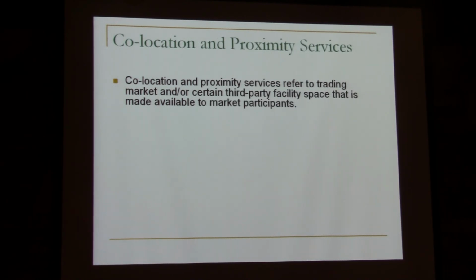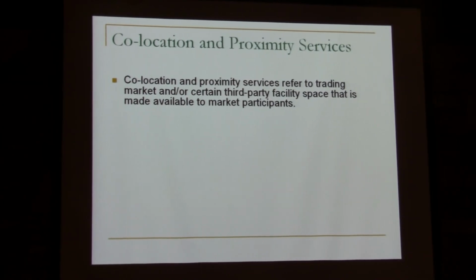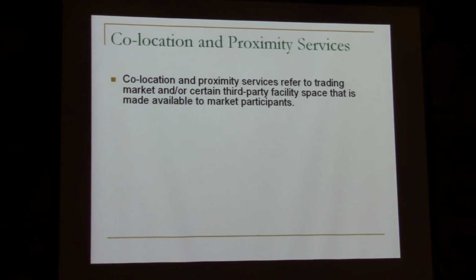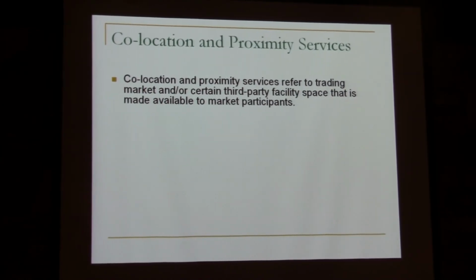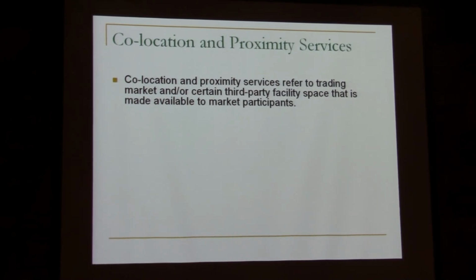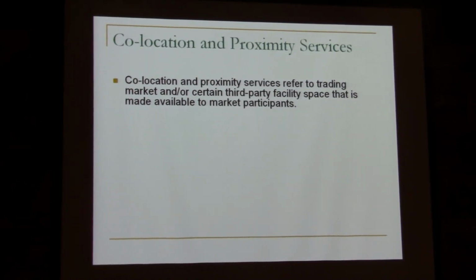Because of this demand, exchanges offer them the service, saying, okay, my data center is in this building, we can host your computer there. So that is called co-location. Actually, most of the algorithmic traders are co-located, meaning their computers are almost next to the computers from the exchange.